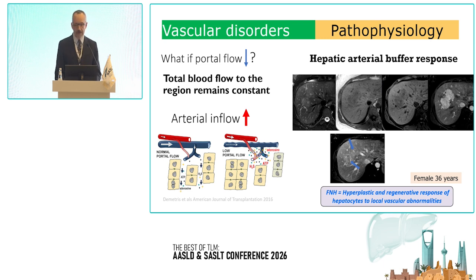This is a normal FNH, and it's quite similar to what we see in our patients. So we see a very hypervascular liver lesion, nearly isodense or isointense in the rest of the phases. And what we see is, as a response to a vascular abnormality, a hyperplastic and regenerative response. And this is what we see in our patients, actually. That's why the nodules pathologically are exactly the same.